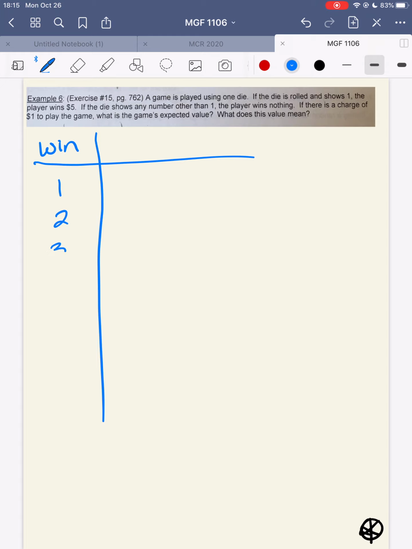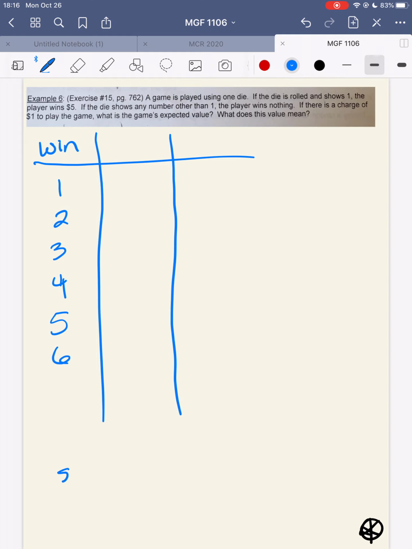All right. So let's go ahead and look at this. So in order to win, okay, so I have a die. And so I have the numbers 1, 2, 3, 4, 5, and 6. Okay. If I roll a 1, I win $5.